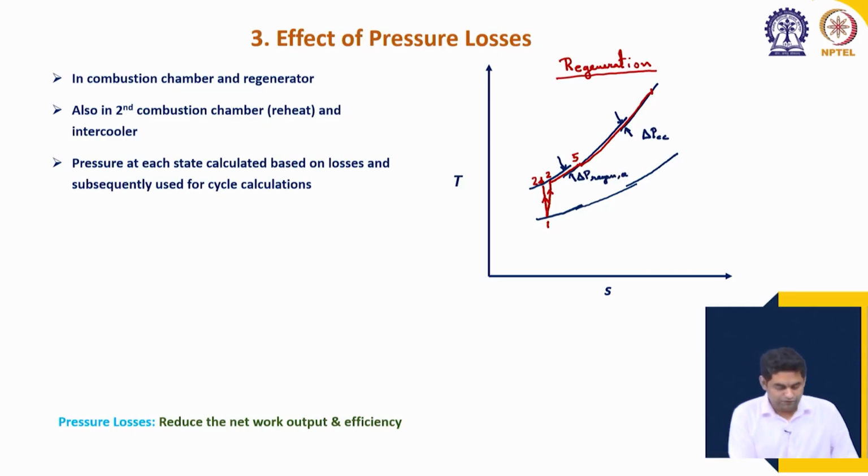So, 2 to 5 is the regeneration process, 5 to 3 is the combustion process. Why is there a pressure loss in the combustion process? In combustion we need to sustain the flame, which means that if the flow is very fast through the combustion chamber and very streamlined, there will not be any locations where the flame can be sustained. The flame will blow out of the combustion chamber.